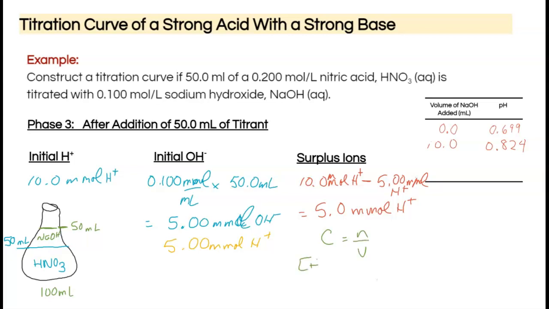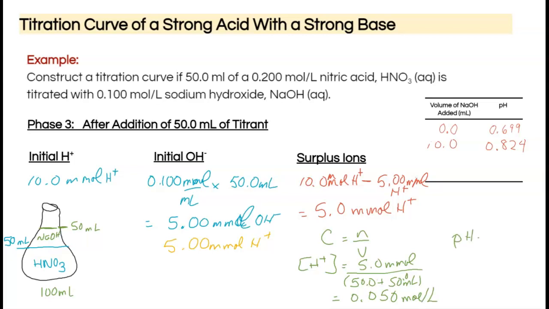So the concentration of hydrogen ions is going to be equal to the 5 millimoles divided by my total volume of 50 plus 50 milliliters. Okay, and that's going to give me a hydrogen ion concentration of 0.050 moles per liter.